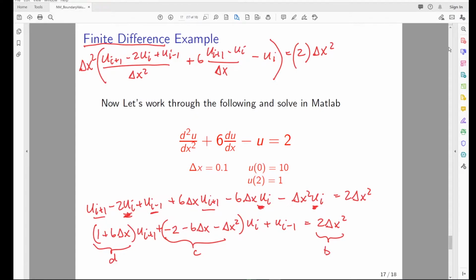Alright, so now that we have this, let's go off to MATLAB, and we will use our code from before and try to convert what we did with the previous example into this example right here.